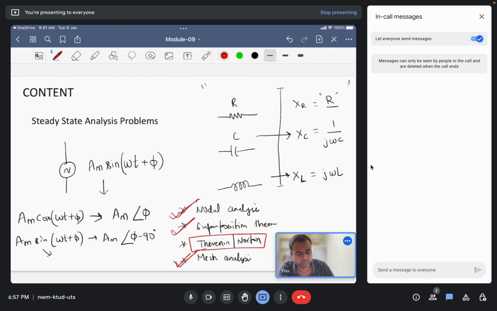Also we calculated the value of load for which the maximum power transfer can take place.